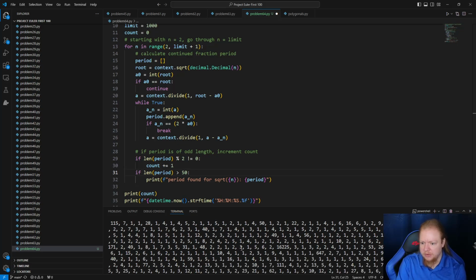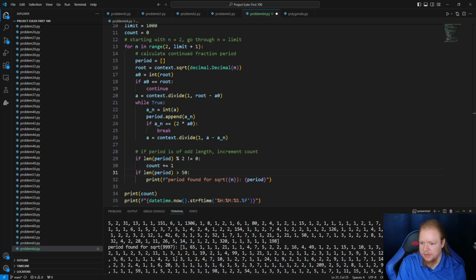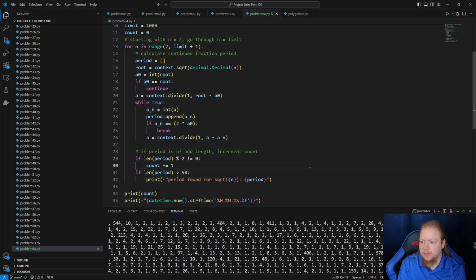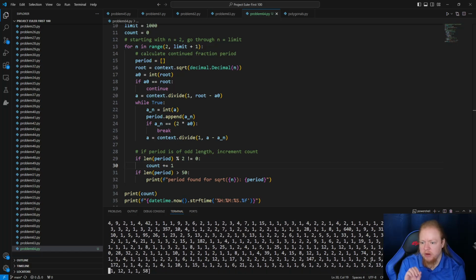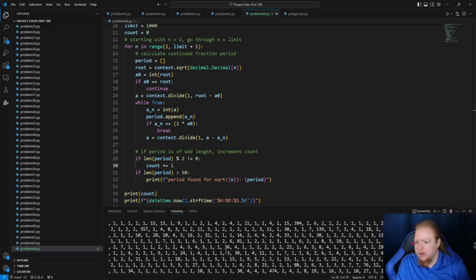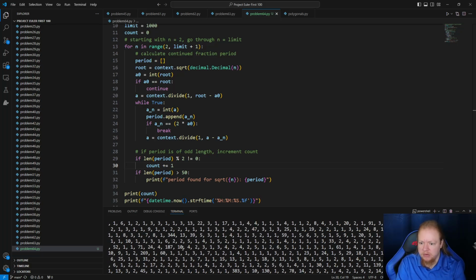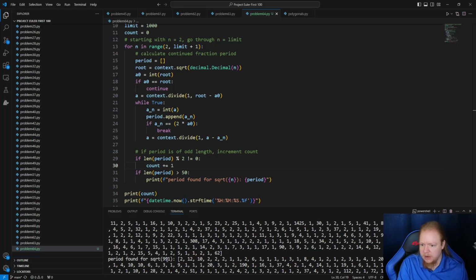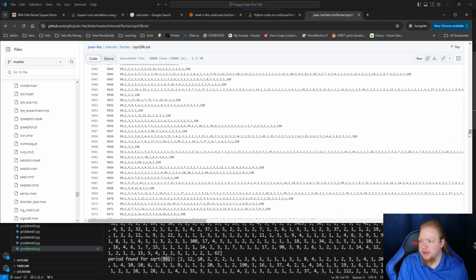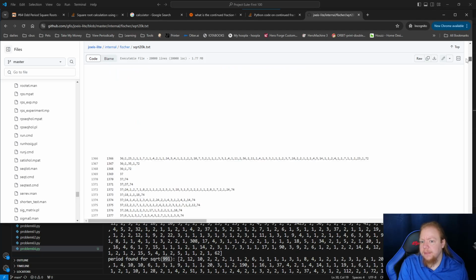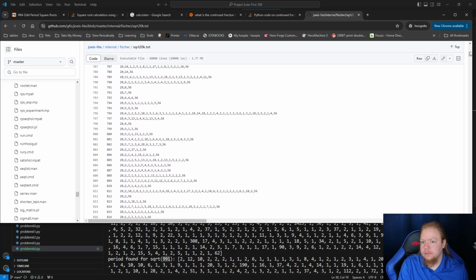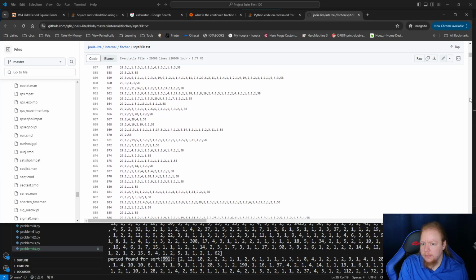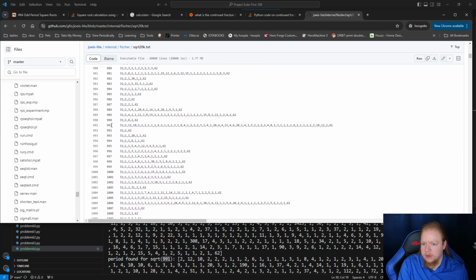Still getting the same answer, so something is not right. And then this is still failing in the same place where it's getting a 3 instead of a 4 here. Let's just run it again now that we've drastically reduced the space and see if we can figure out what's going on. Okay. So 991, we're getting far too many numbers, I think. 991.